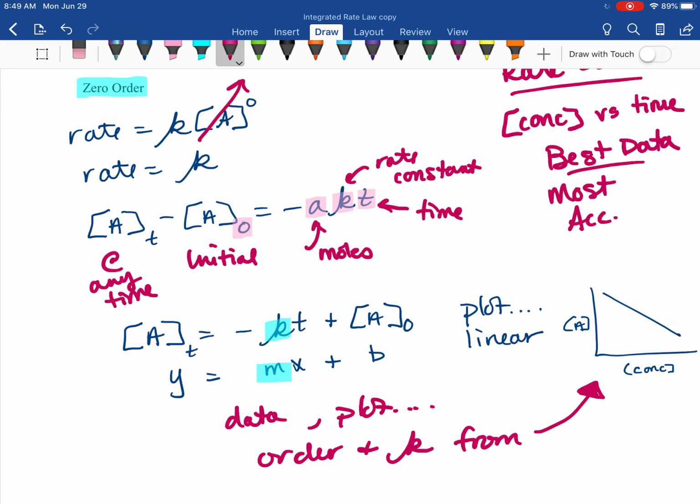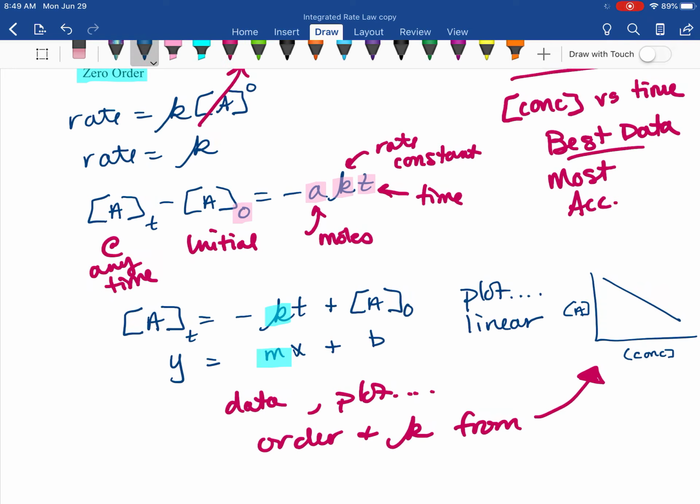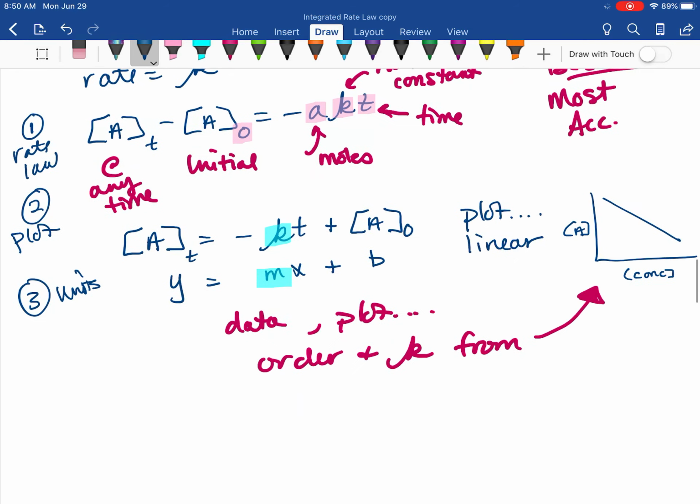All right, so then for zero order, what are we actually looking at for units? Remember I said that there were 3 ways to get to this. We could get to this from the rate law. We could get to this from a plot. There you go. Number 3, units. So what are our units for that zero order?